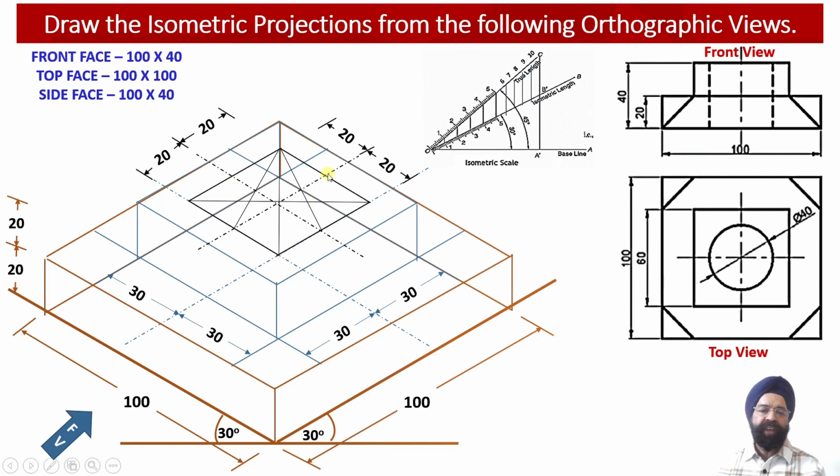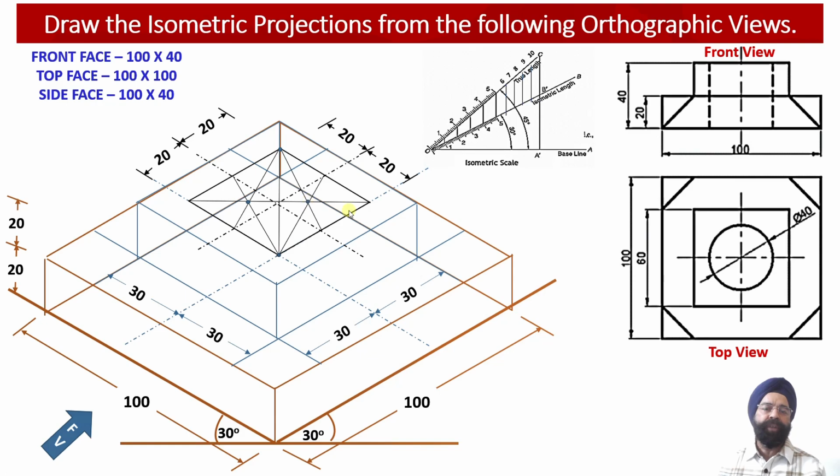From this corner, we join this midpoint of the opposite edge. So again, two projectors we have obtained. And now we have obtained 4 centers, through which if we draw 4 circular arcs, we will be able to obtain the elliptical projection in the isometric projection, which is going to represent the circular hole.